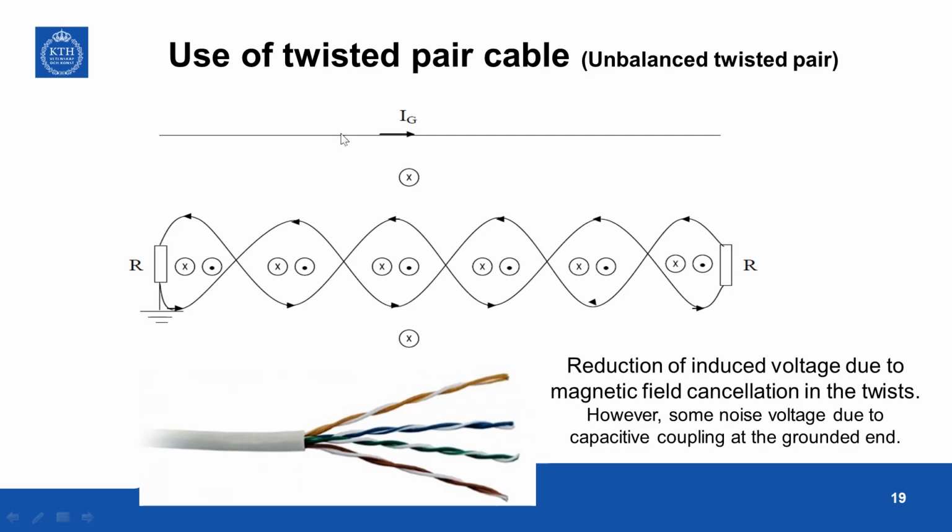Now imagine a current here somewhere far away. That current will create a magnetic flux. Here it is going into the plane of the paper all around.